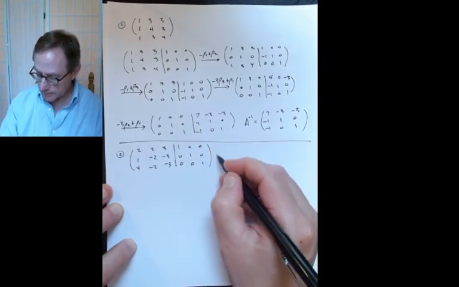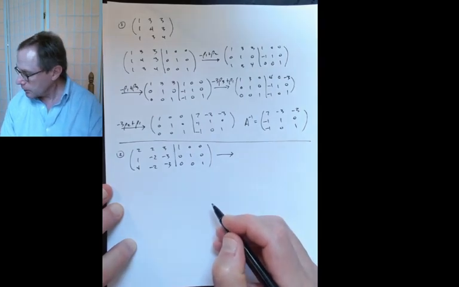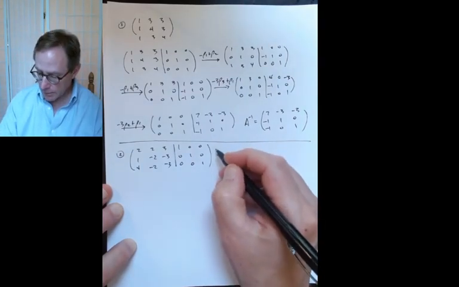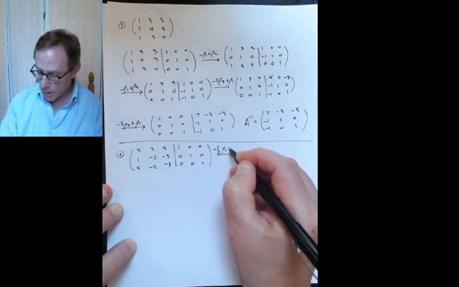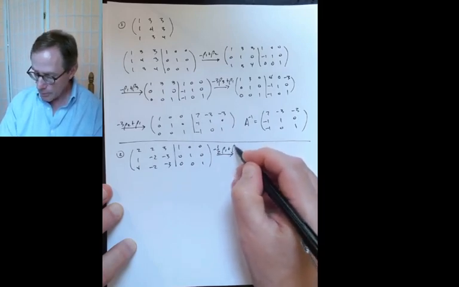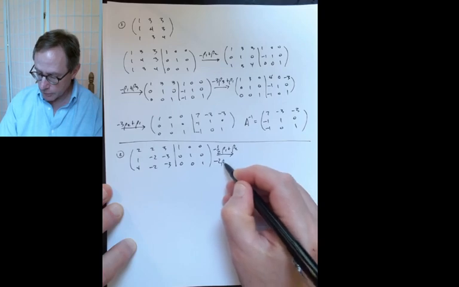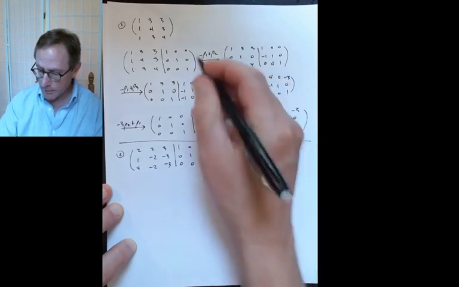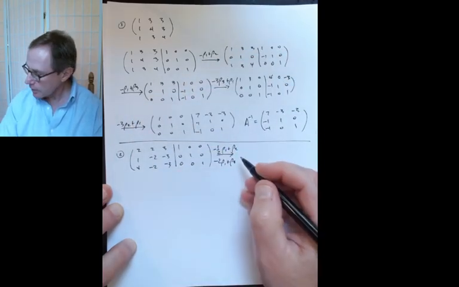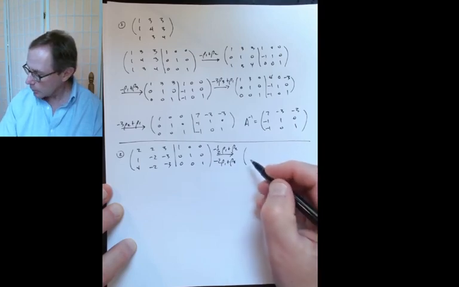And you start in. So you take minus 1/2 row 1 plus row 2. And also at the same time, I'm going to do minus 2 row 1 plus row 3.